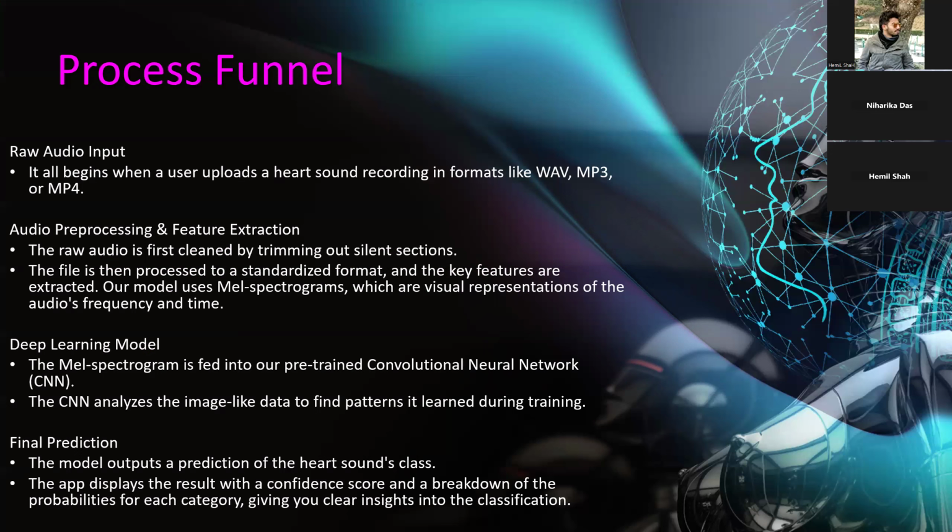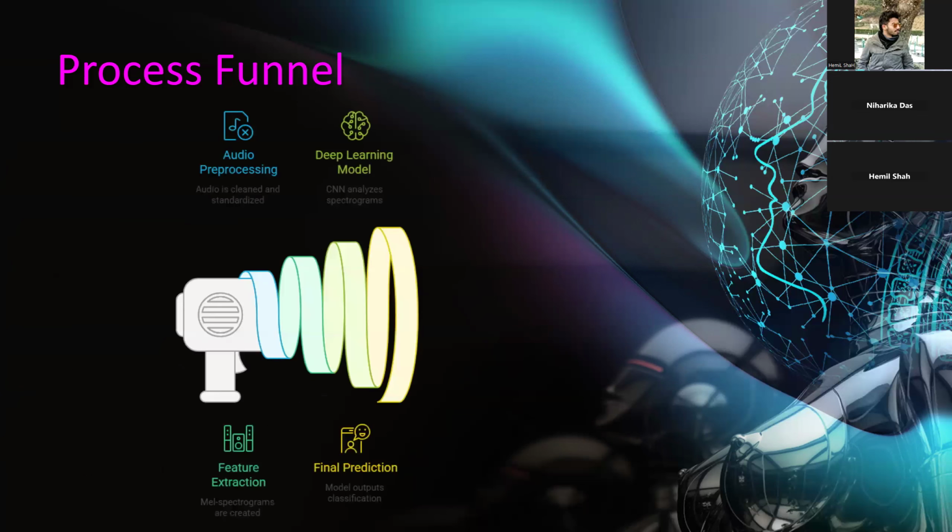Then we train the deep learning model using these features as input to a CNN, which learns to identify patterns in the heart sound. Then our model predicts and the system outputs the classified condition along with the confidence score. This end-to-end funnel transforms a raw heart sound recording into an actionable prediction.